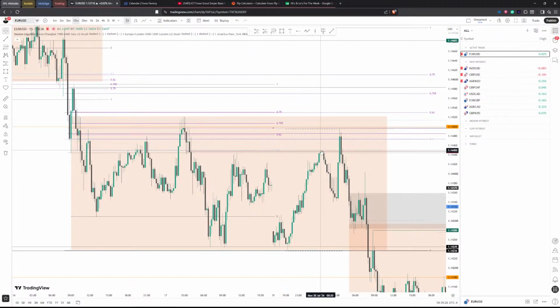So reaches 1.445 level. Small displacement downwards, big displacement. Revisiting the 1.145.